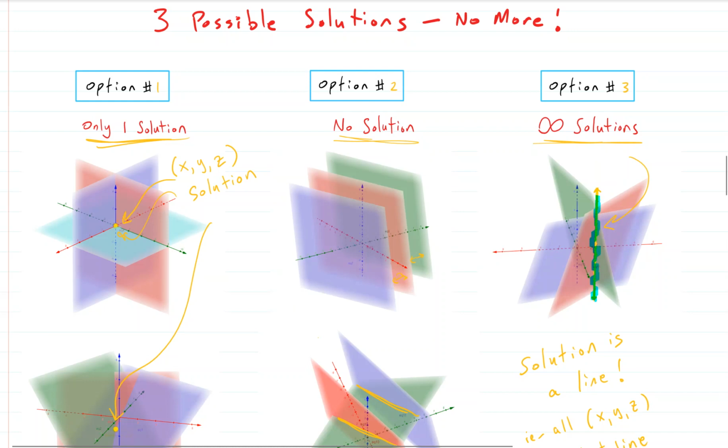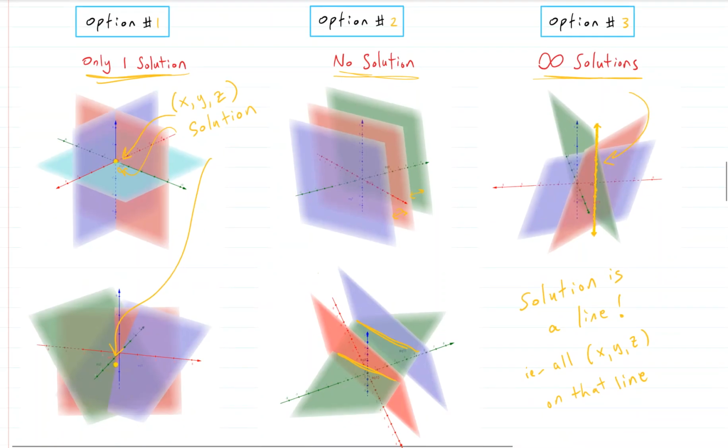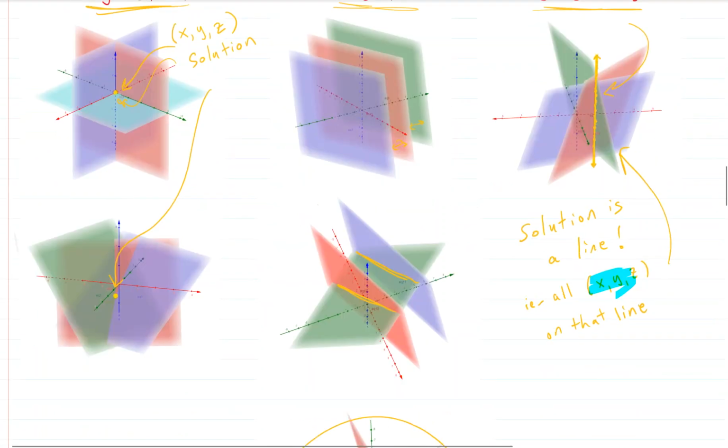I don't know if you can see them, but there are a bunch of points that would make up a line. And it's infinite. It goes all the way up and all the way down. So there are an infinite number of x, y, z coordinates that satisfy these three equations.